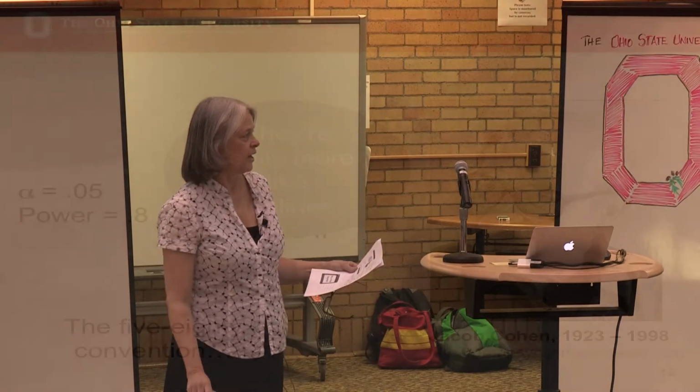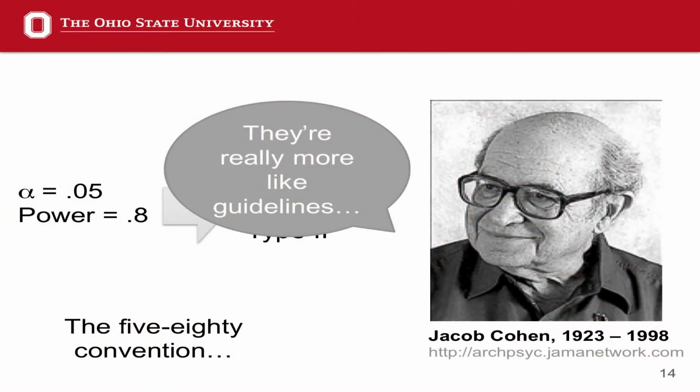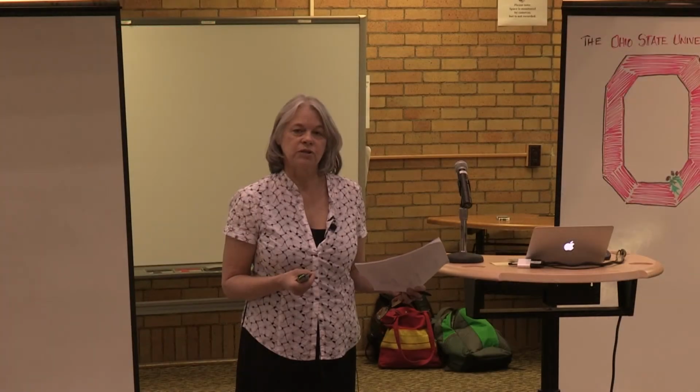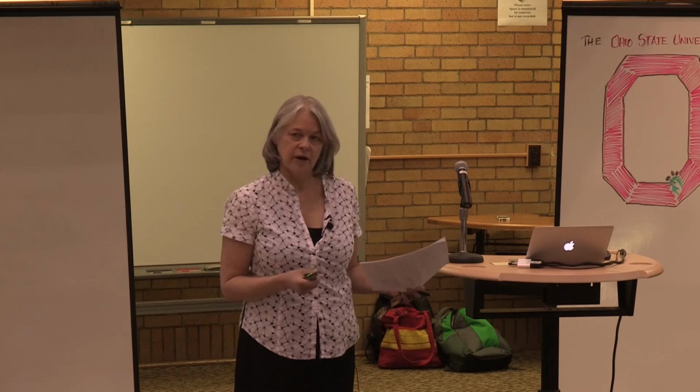Well, Jacob Cohen, we have him to thank for many of the guidelines or conventions that have been adopted in statistics, and he proposed this as the convention, that alpha level at 0.05 and a power level at 0.8, because he felt that researchers in general would think that committing a type 1 error is 4 times worse than making a type 2 error.